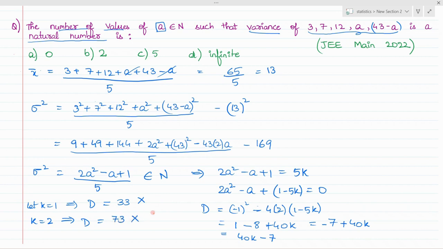Again, this is also not a perfect square. So whatever the value of k is, the discriminant will end with the unit place 3, which won't be a perfect square at all. So the number of values of A will be 0. So option A is the required answer to this.